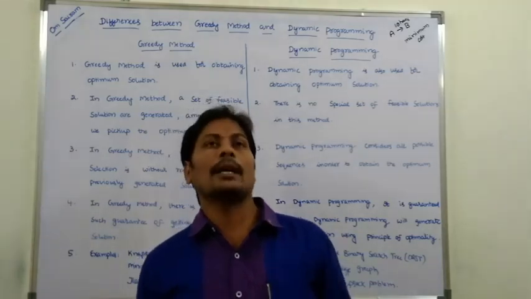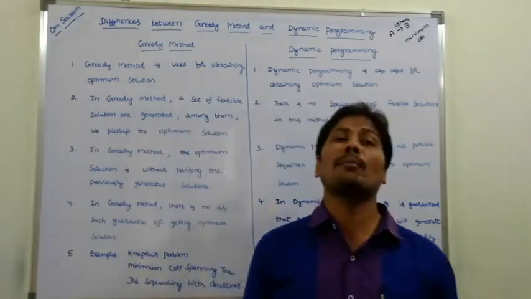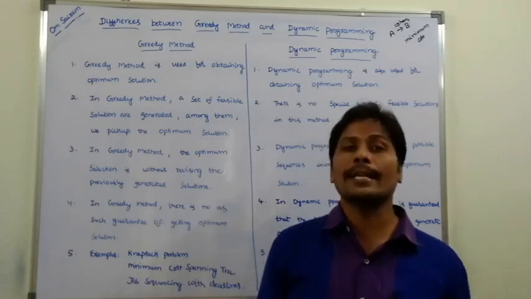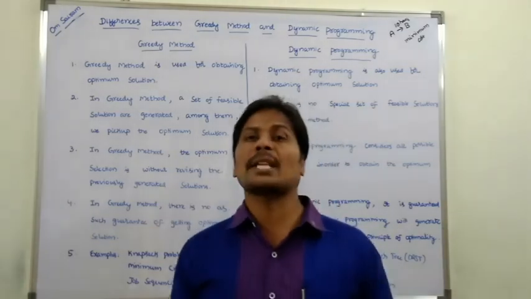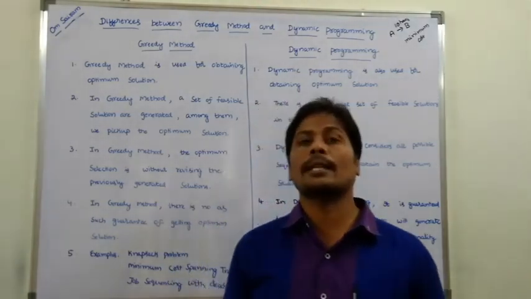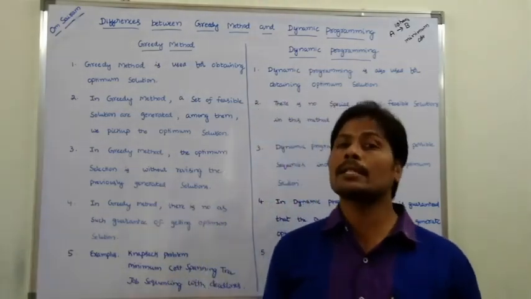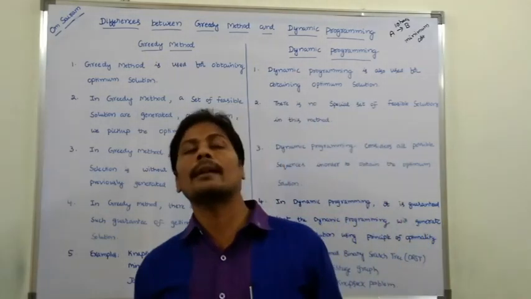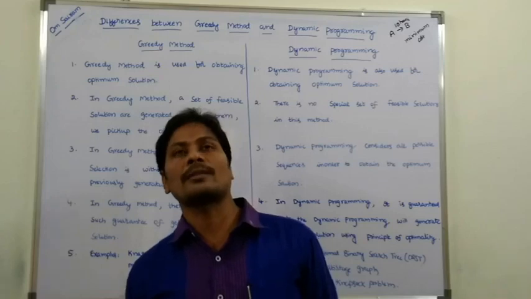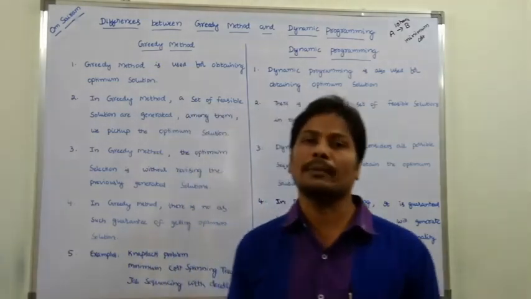What are the examples of dynamic programming? Multi-stage graphs, optimal binary search tree, 0/1 knapsack problem, single source shortest path problem, traveling salesperson problem, all pairs shortest path problem. These are the examples and applications of dynamic programming.